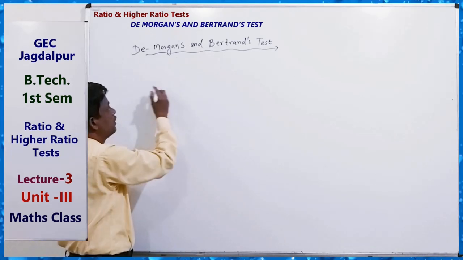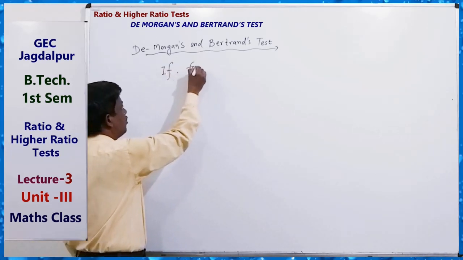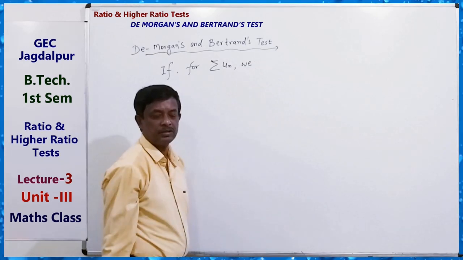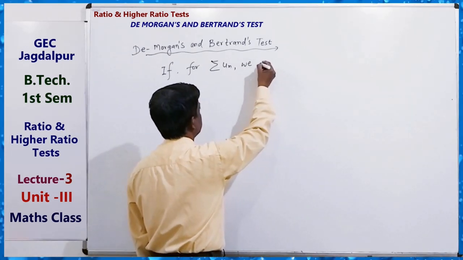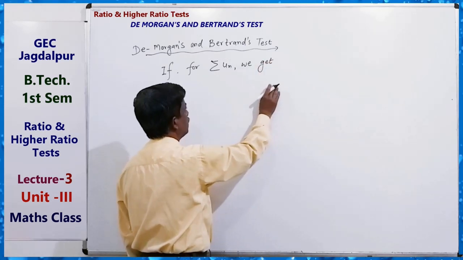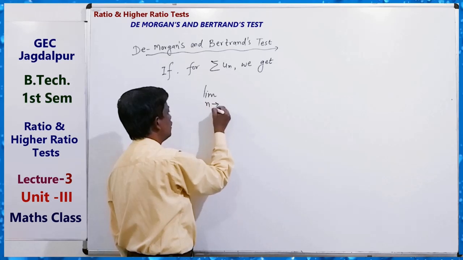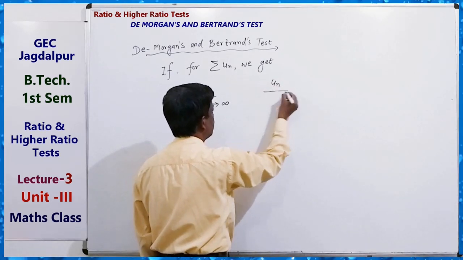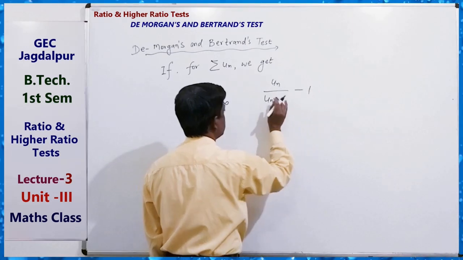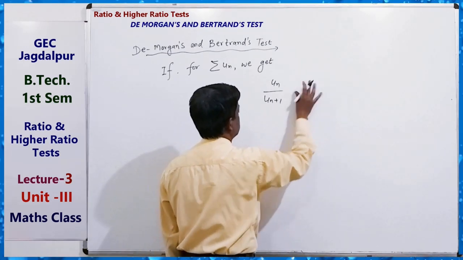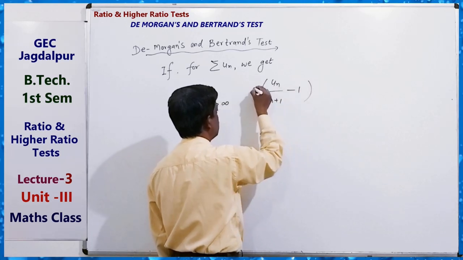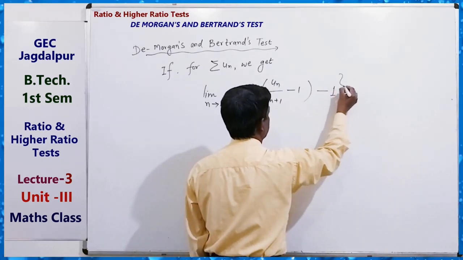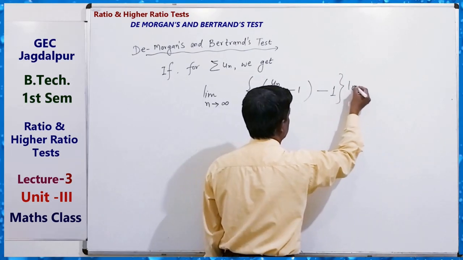Here, if for series un we get limit n tending to infinity of un upon un plus 1 minus 1 into n minus 1 into log n.